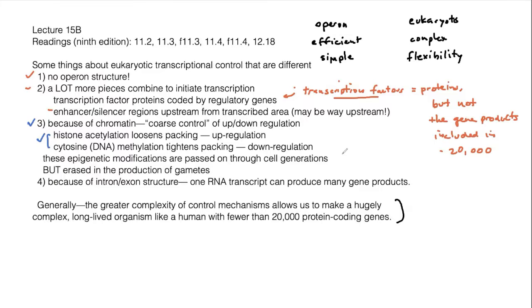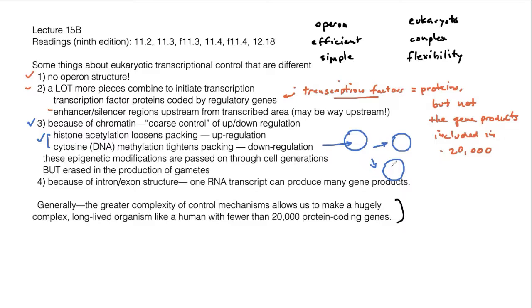Now the other thing about this is that once you make these modifications, once you methylate the cytosine, if this is a cell in which you're doing the methylation, turning genes off in this cell, when this cell divides, in other words, when the DNA gets replicated, that methylation gets passed down to the daughter DNA, right? So methylated DNA will give rise to methylated DNA.